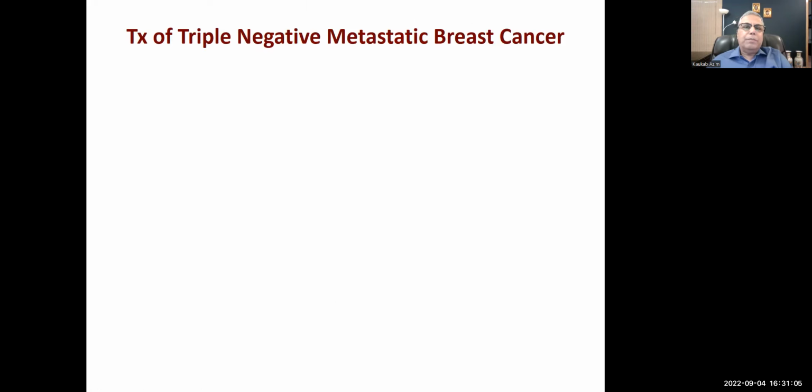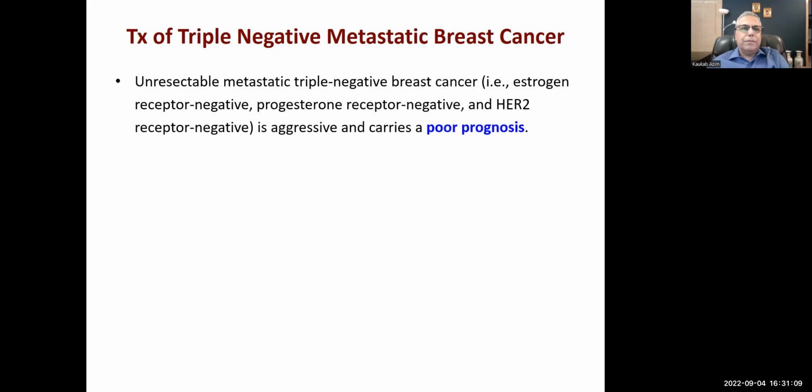Now we go on to triple negative metastatic breast cancer. I think just a few slides left now. Unresectable, which means you cannot operate upon them. Unresectable metastatic triple negative breast cancer, which are estrogen receptor negative, progesterone receptor negative, and HER2 receptor negative. They are very aggressive cancers.